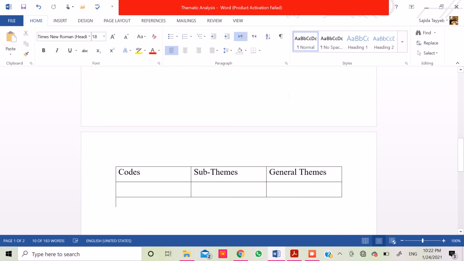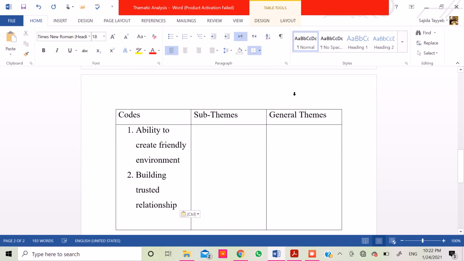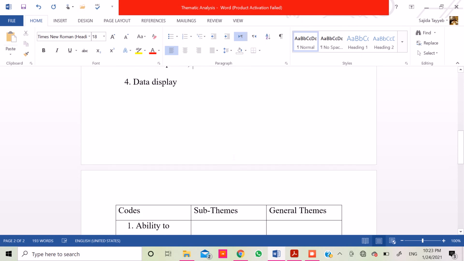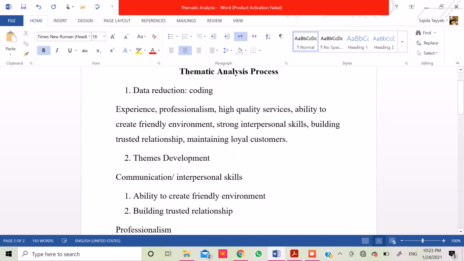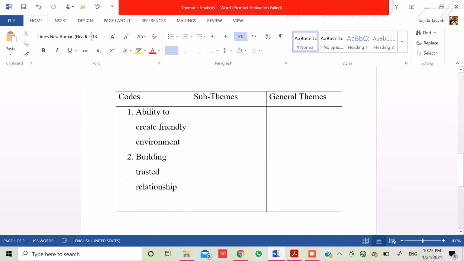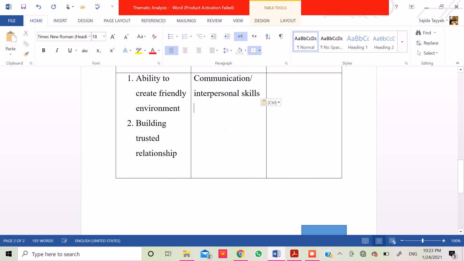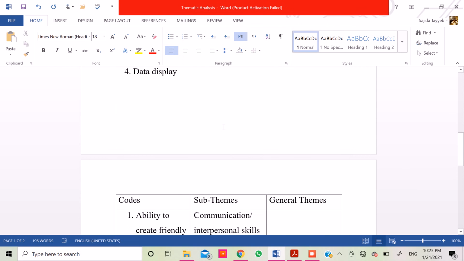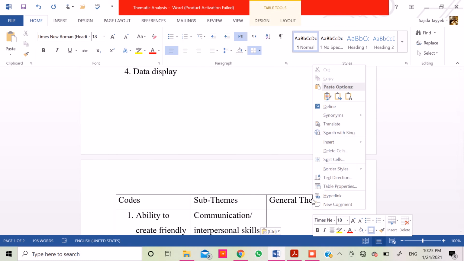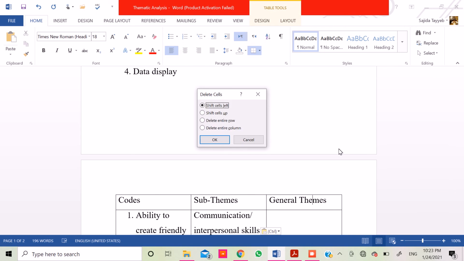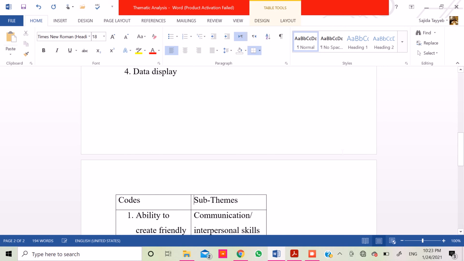So this is the number of codes, and then suppose you want to write it like this. Either call it sub-themes. I think this one would be extra, so let's delete this. These codes could also be called sub-themes, and then this one would be general themes.